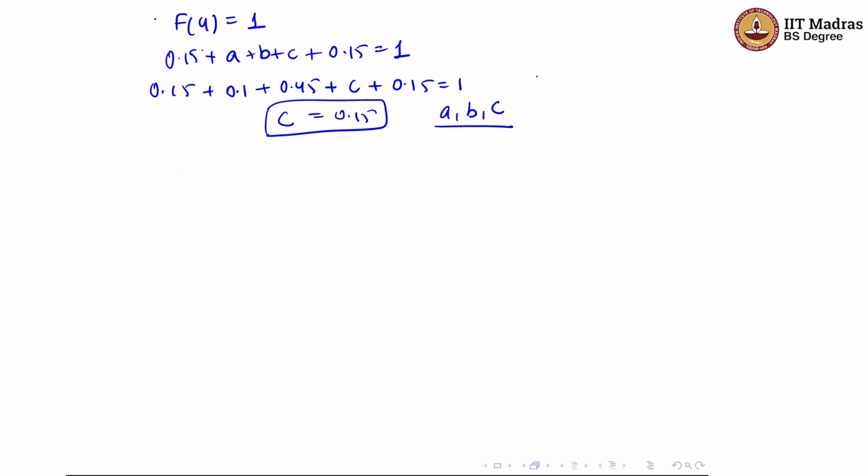We have got all the values a, b and c. Now we will find the values of the probabilities. First of all, F0 is given as 0.15, and this is equal to the probability that x equals 0.